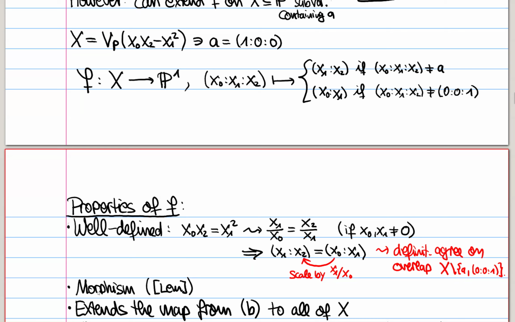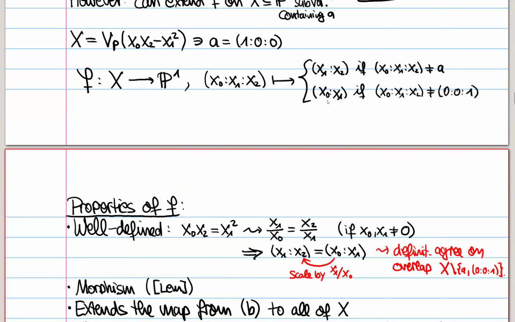So we had a well-defined map of sets. And then it is a morphism, where we have seen away from A, this here was a morphism defined on P2 minus A. So if we restrict it to X, this is a morphism. And by a very similar argument away from this point, this here is a morphism on all of P2 minus this point.